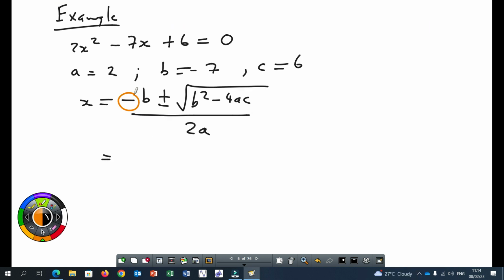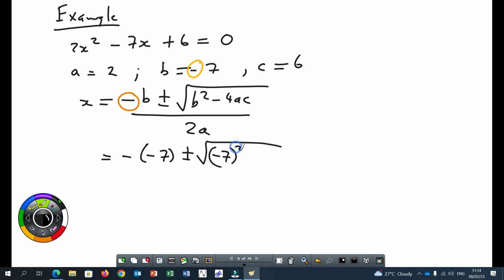Okay, it's the minus of the formula. So if B is negative, like in this case, B is negative, it means we have minus 7 plus or minus the square root of minus 7 squared minus 4 times 2 times C, which is what? 6.